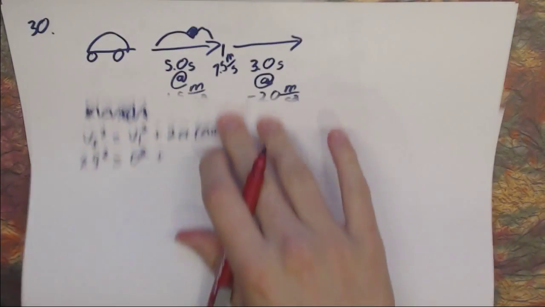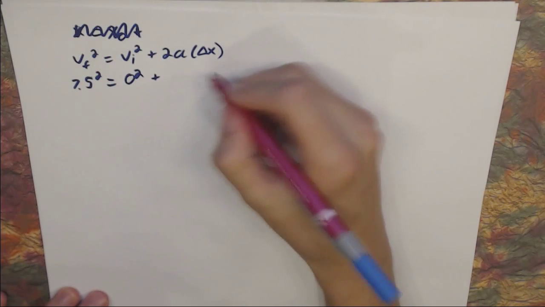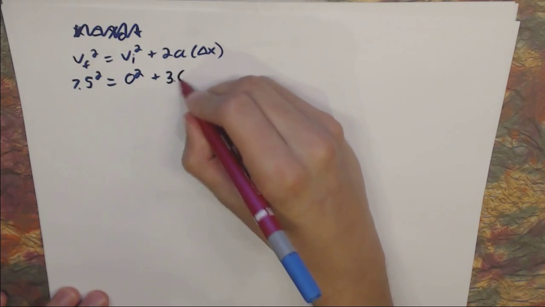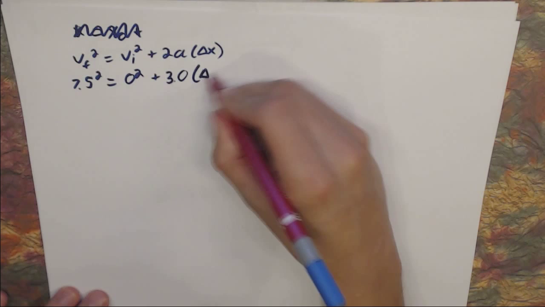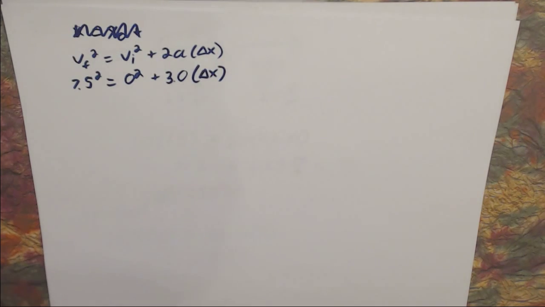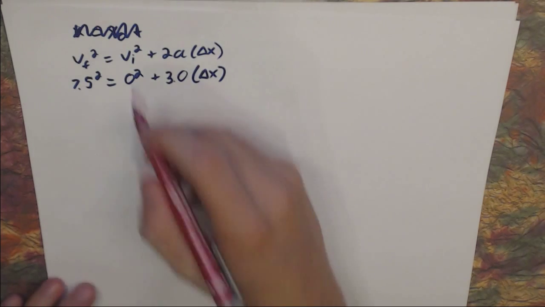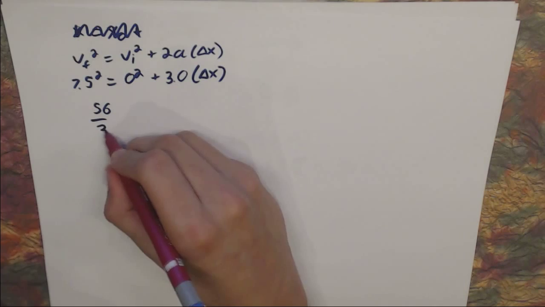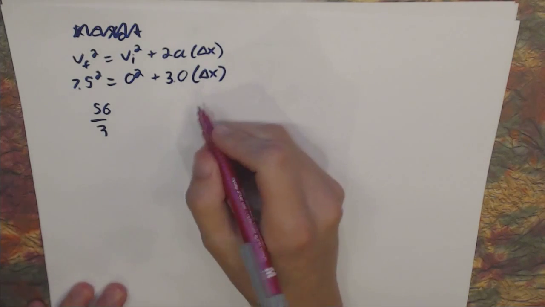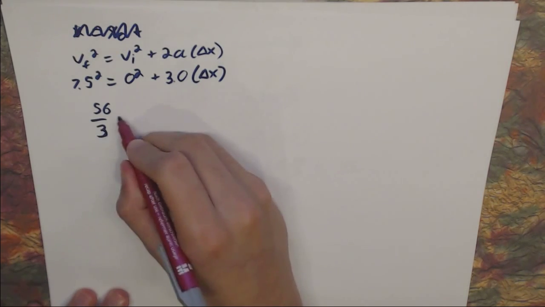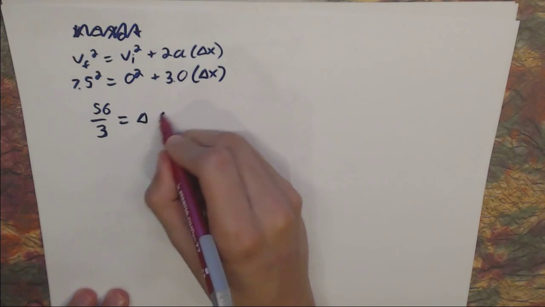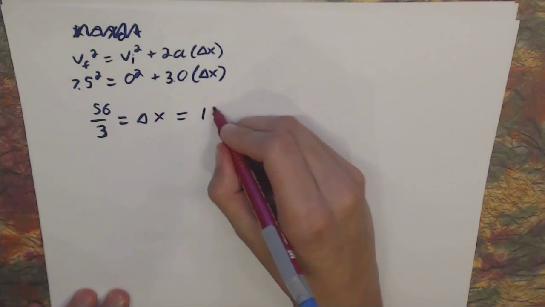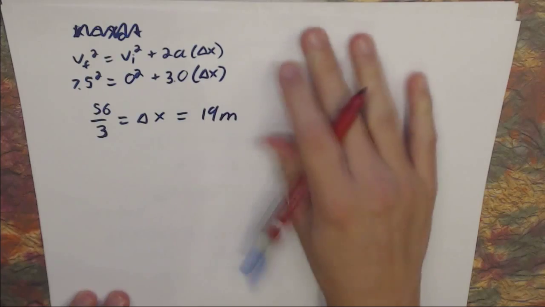Plus twice your acceleration during that period, which is 1.5 meters per second squared, which is going to be 3.0, times your delta x, which is what we're looking for. So 7.5 squared is 56, and we divide that by 3. You get your delta x, which is 19 meters.